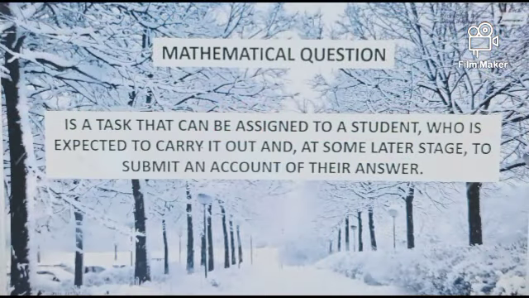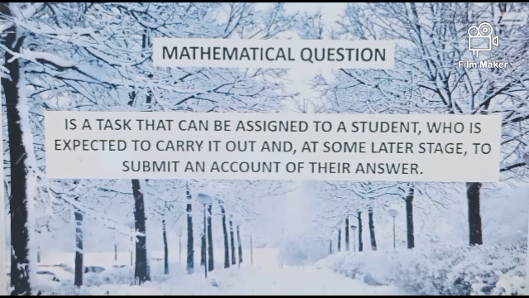Before we define a mathematics problem or mathematical problem, we differentiate between a mathematical question and a mathematical exercise. A mathematical question is a task that can be assigned to a student, and the student is expected to carry it out.